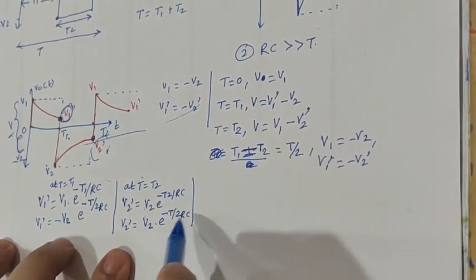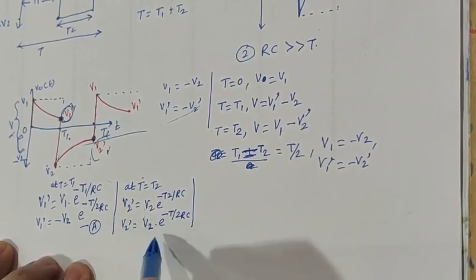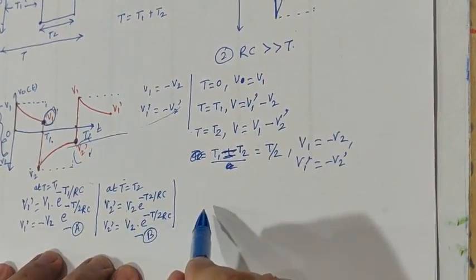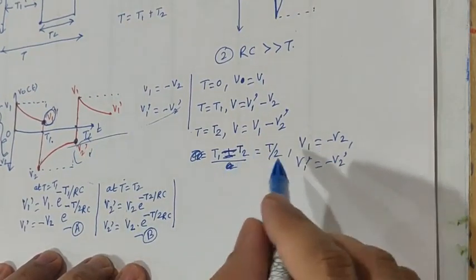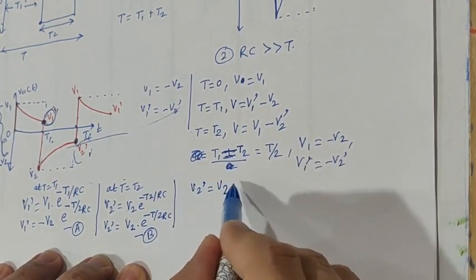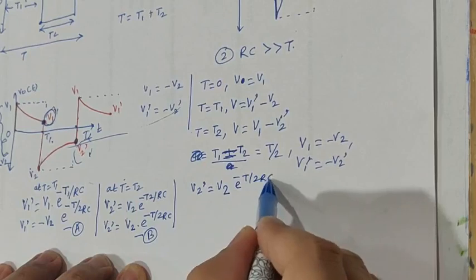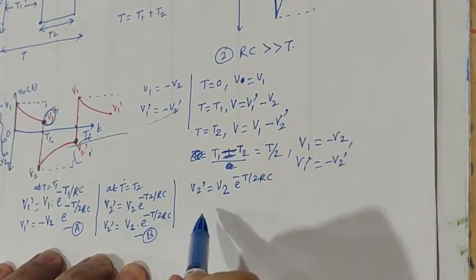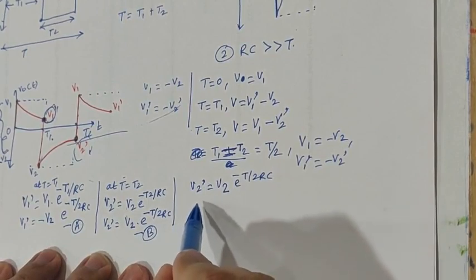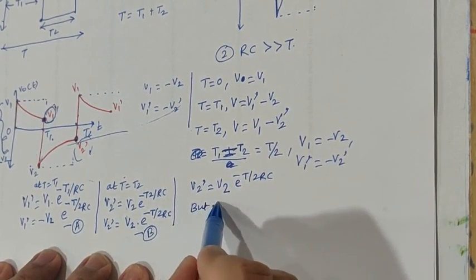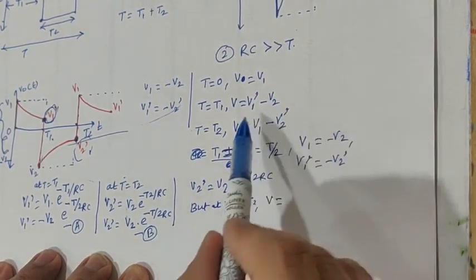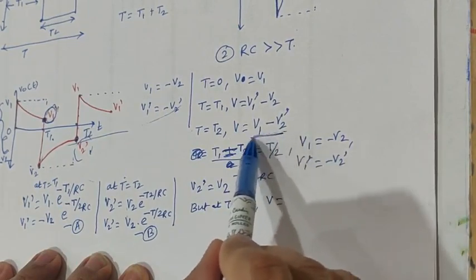So let us call this equation number A, and this equation number B. So let us move forward with equation number B now. Equation number B is V2 dash is equal to V2 into e to the power minus T by twice RC. Okay, then what will happen is, now the output, at capital T is equal to T2, what is the output? Output is V is equal to V1 minus V2 dash.